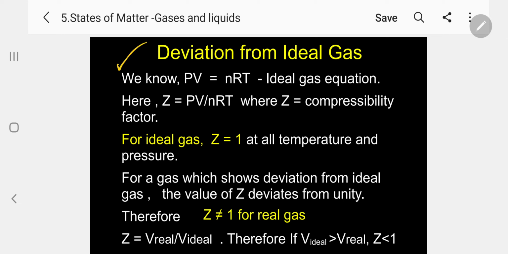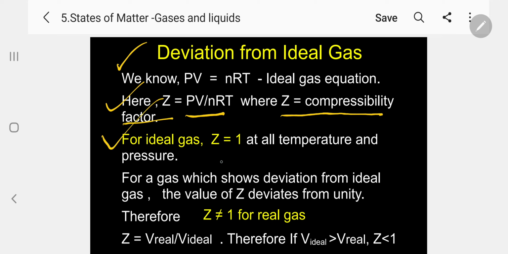We know for ideal gas, PV equal to nRT. That is the ideal gas equation. We can derive from this easily. Kindly follow. Hence, Z is the term used for the compressibility factor, that is equal to PV by nRT, where Z is the compressibility factor.